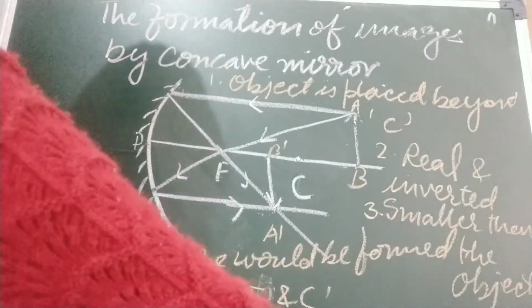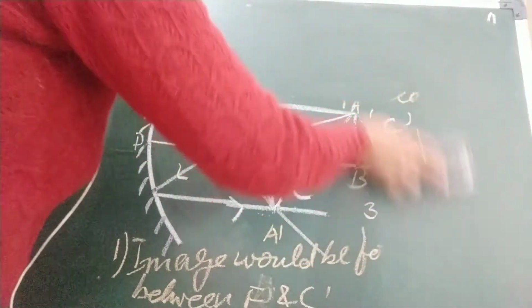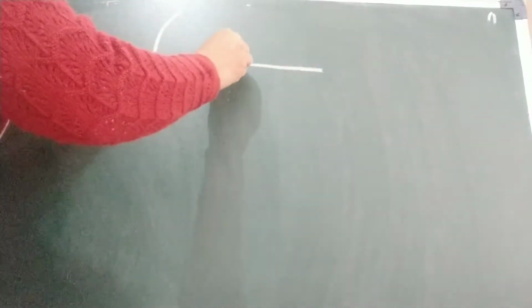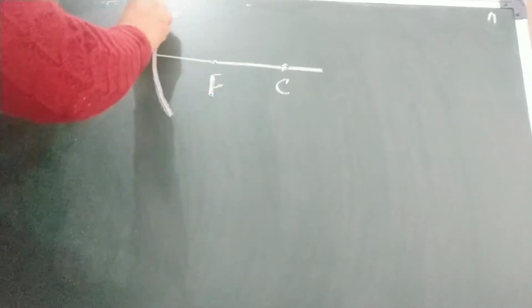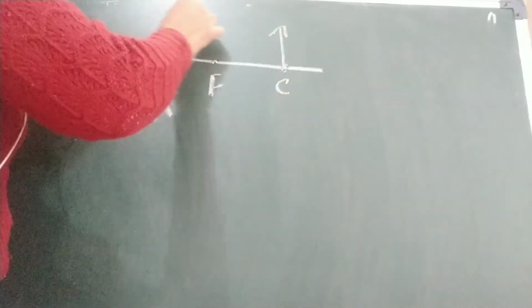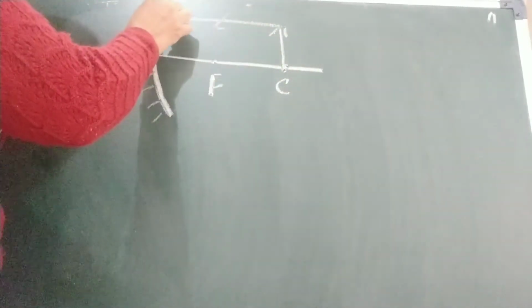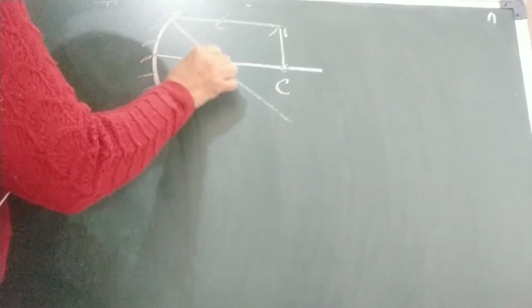Now next I am going to tell you when the object is placed at C. This is C, this is F, and children, the object is at C. First ray will pass like this, and after reflection it will pass from F straight.